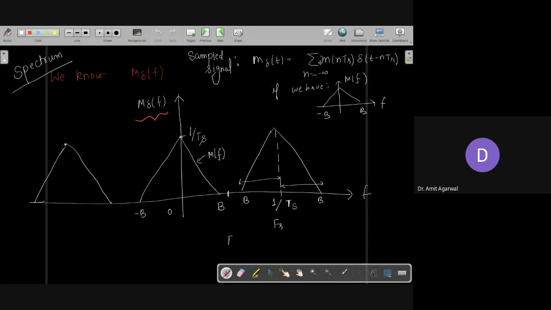So this is your ideal sample signal, you agree, right? Yes, sir. So if your message signal is like this, I told you your message signal has a bandwidth of B. So this is the spectra of your message signal. If you remember the convolution operation, or let's take a new page.